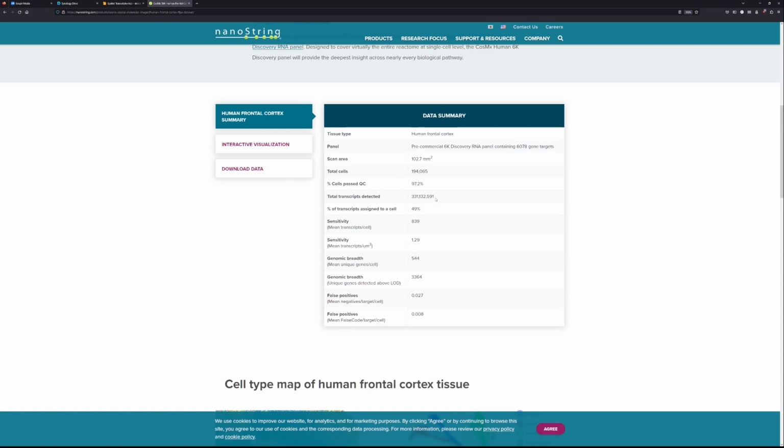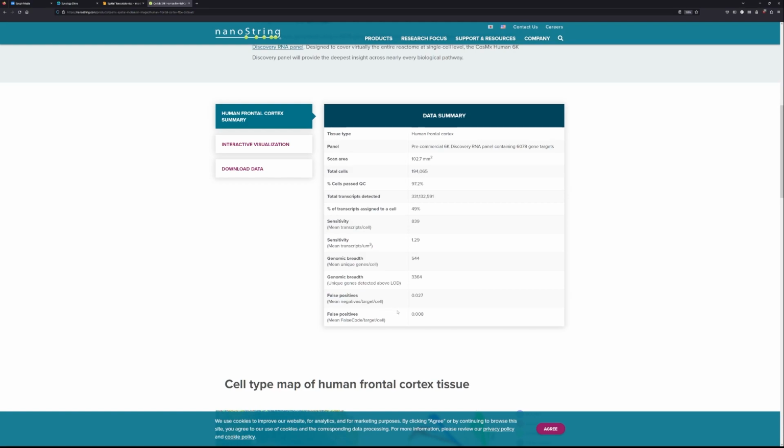We can see the number of transcripts. So in our samples here, we have over 300 million transcripts detected in all of the cells, which is 194,000 cells, which is pretty cool. What's another important one? So false positives.